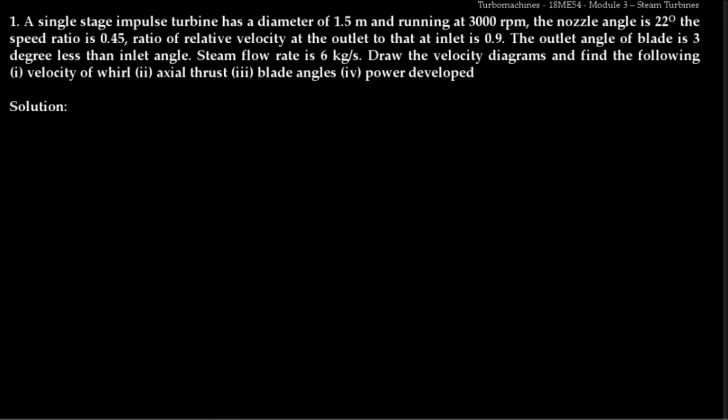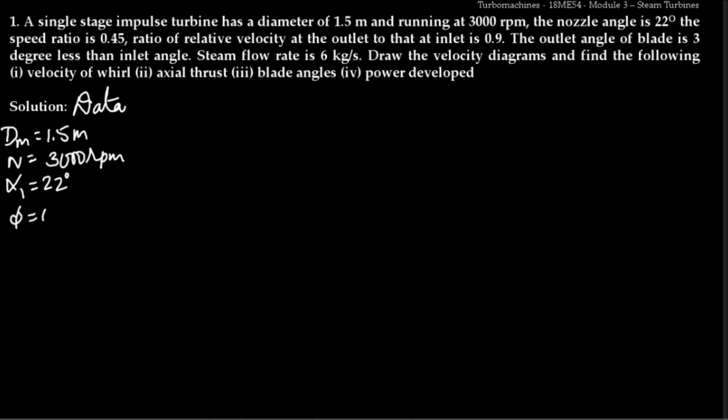First, let us list out the data. The diameter, I'll write it as mean diameter is 1.5 meter. Then the speed is 3000 rpm. Then the nozzle angle is 22 degree, that is alpha 1 is 22 degree. Then the speed ratio, that is phi, is 0.45, which is the ratio of U divided by V1.